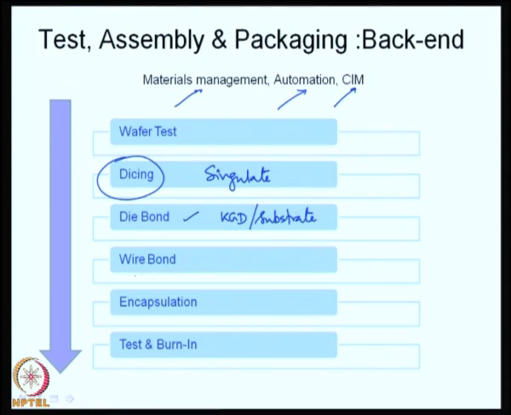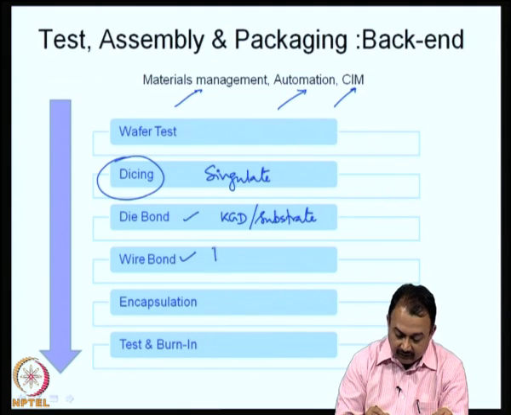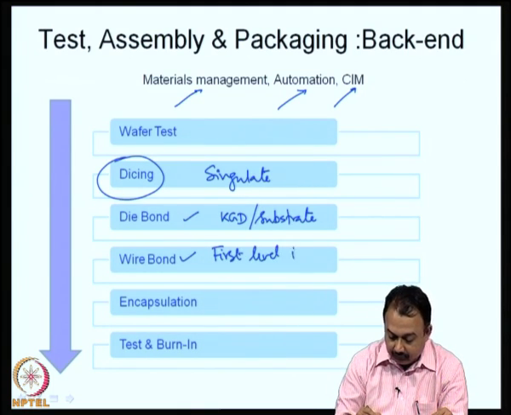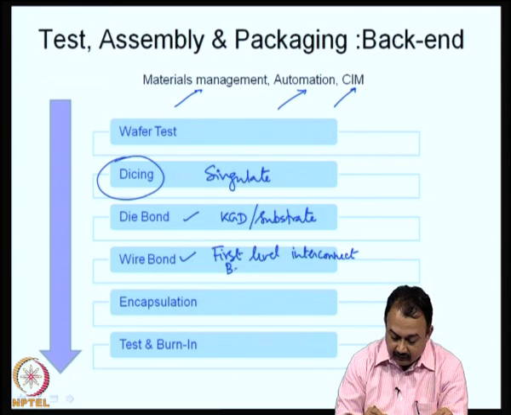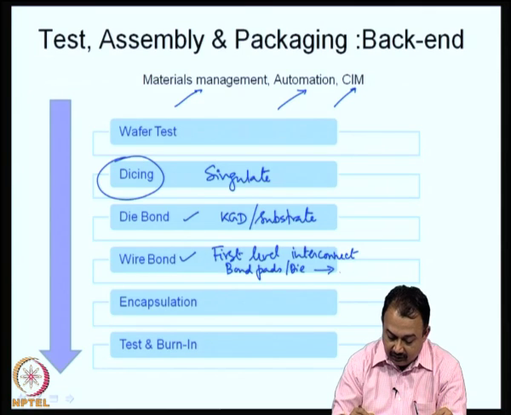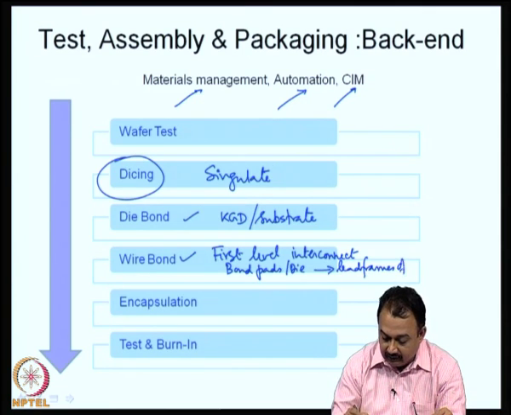After that, wire bonding is done. The wire here represents the first level interconnect. Because the I/O pads or the bond pads on the die are now getting connected to lead frames of the package.